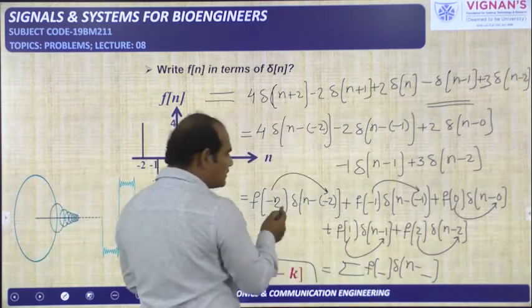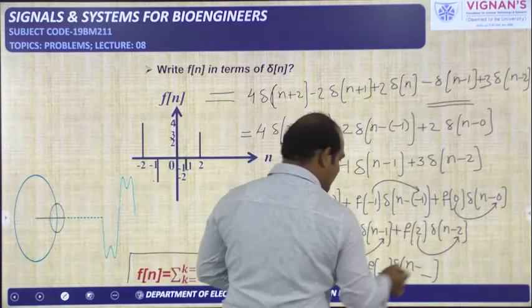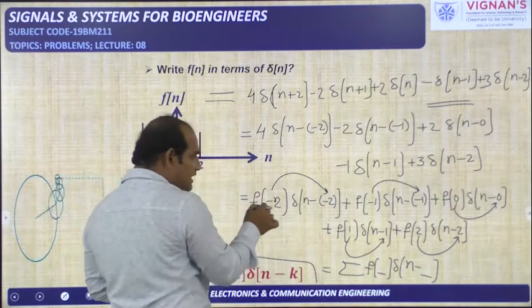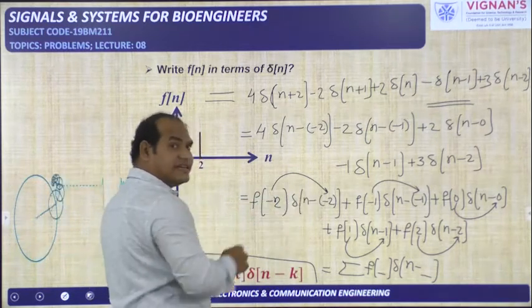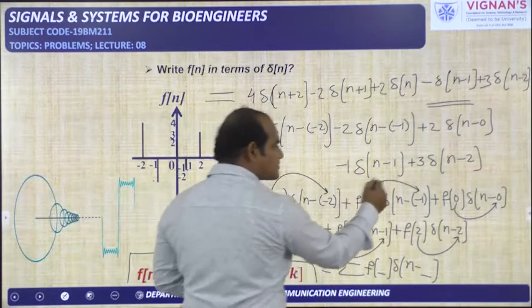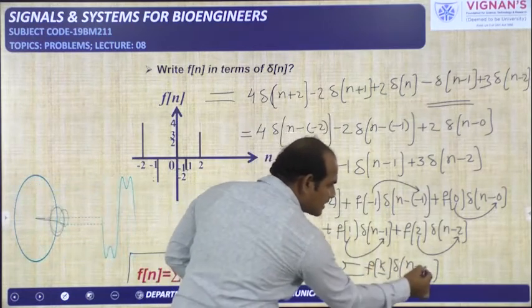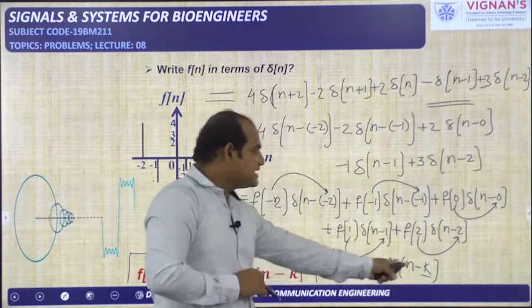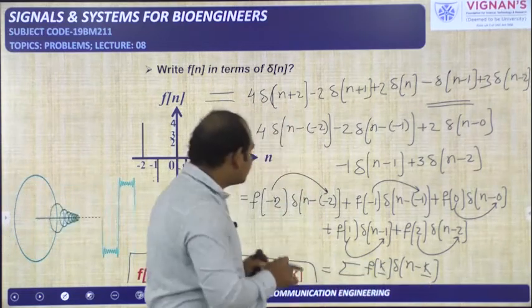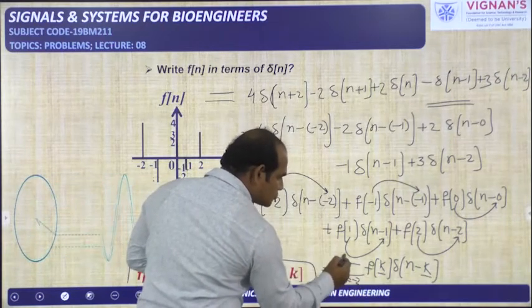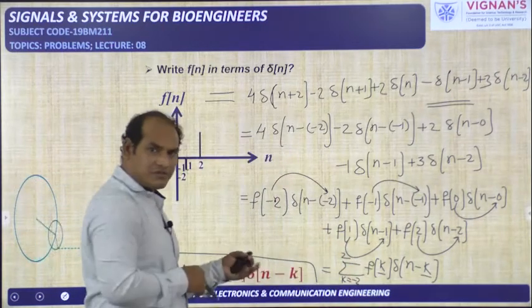So whatever it may be in the f, the same thing is there in the del also. That means whatever I am writing here, the same thing should be available here also. If it is k, it is also k. In this problem k is changing from minus 2 to plus 2.